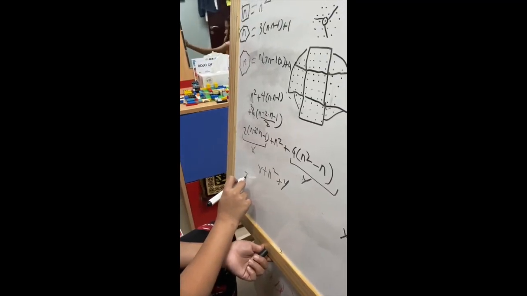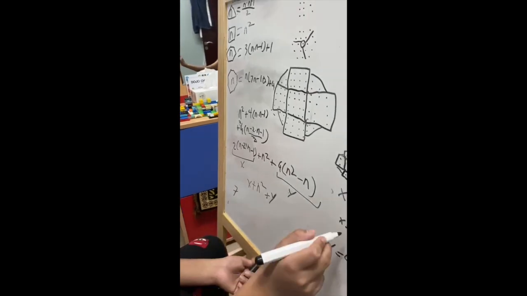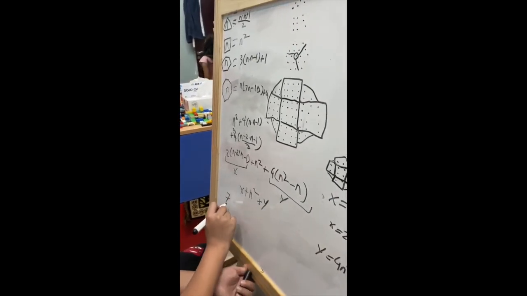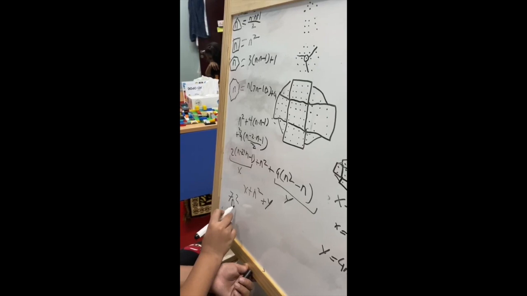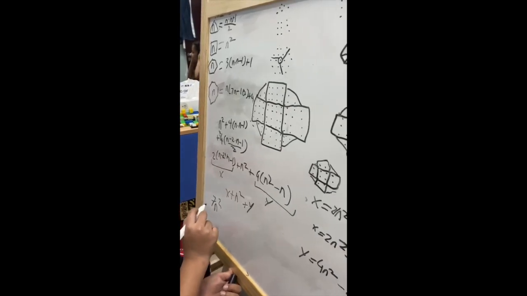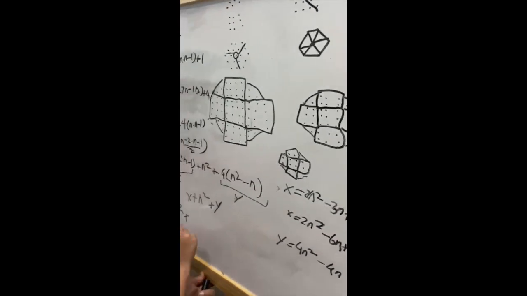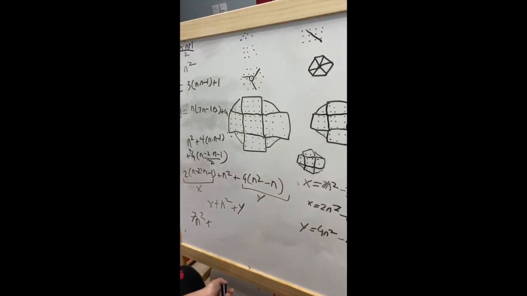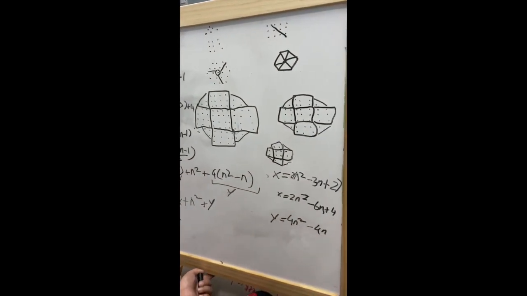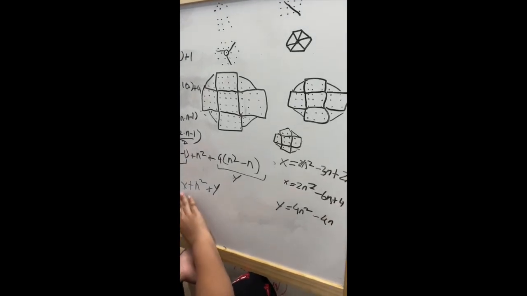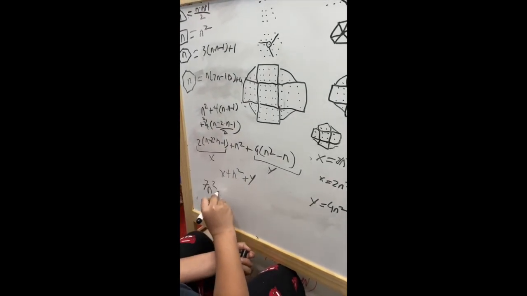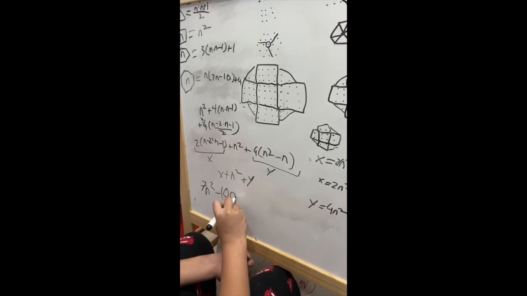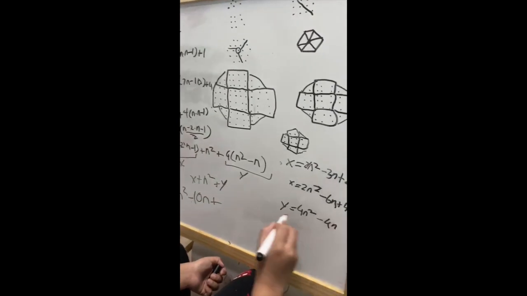That gives us 7. 4 plus 2 plus 1. 7n squared. Then we have plus, then we have here minus 6n minus 4n. That's minus 10n. So this plus should become a minus 10n. Then we have, of course, plus 4 here.